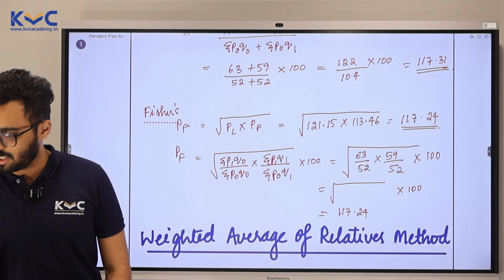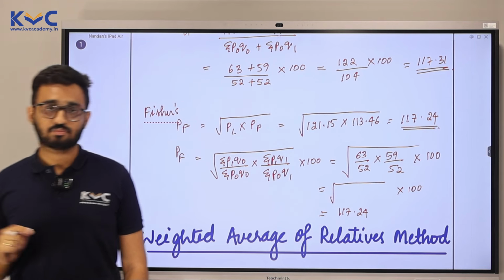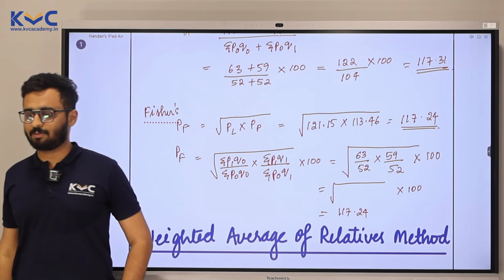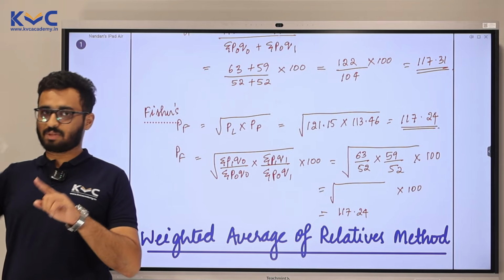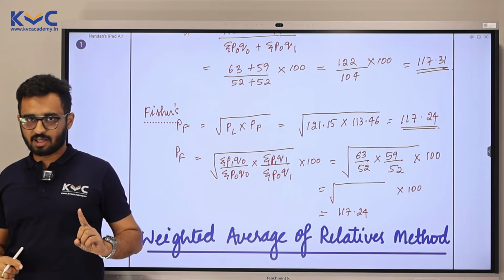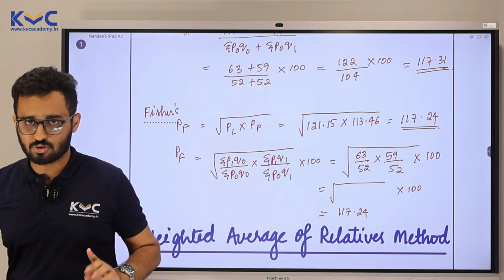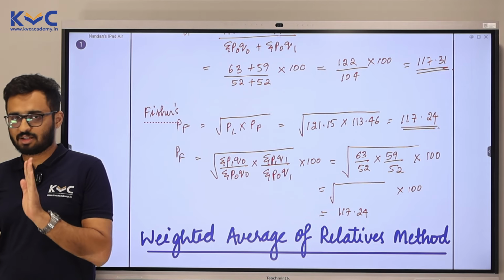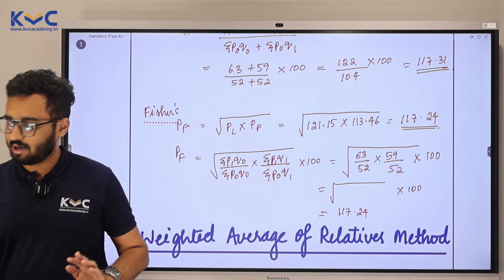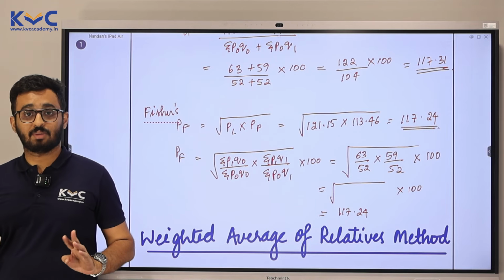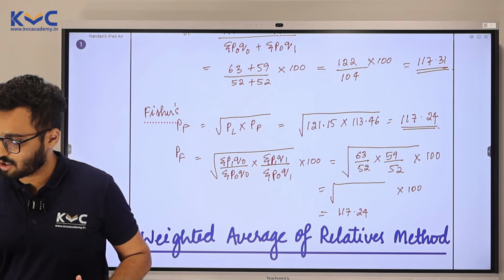Now I'll do 59 divided by 52. Now I get one number, 1.134615. Now what I'm supposed to do is multiply this number by the earlier number. So whatever is there on your screen, 1.1346, now click on into and click on MRC. MRC stands for memory recall. So I want to recall the memory.